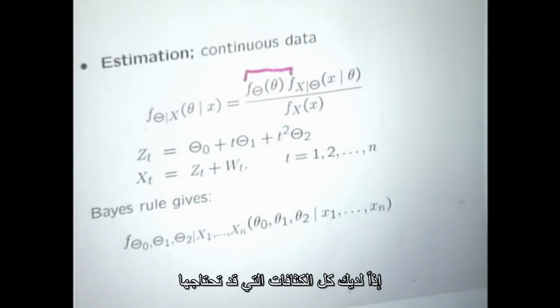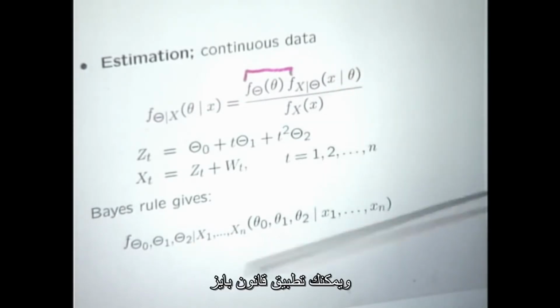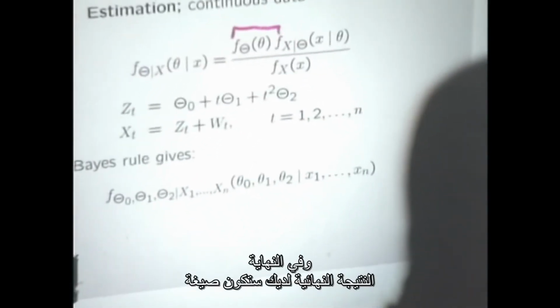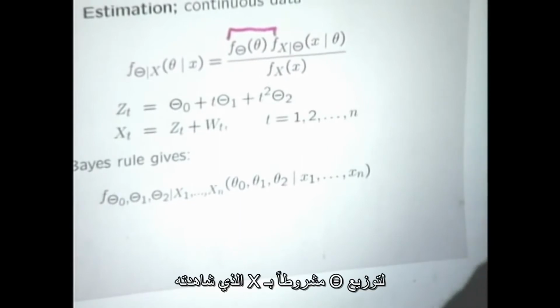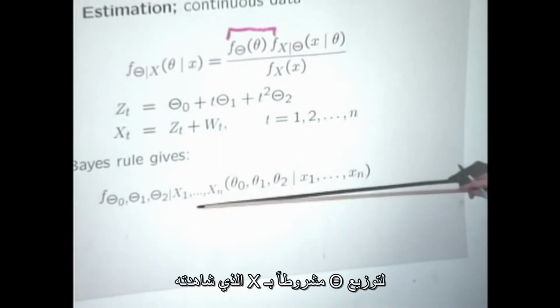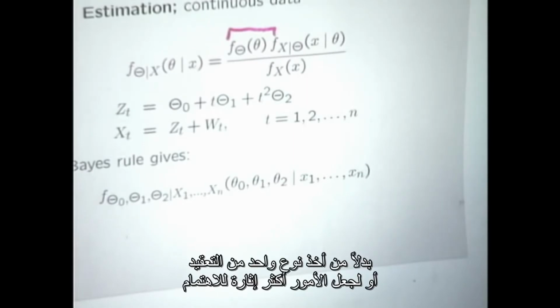So you do have all the densities that you might need, and you can apply the Bayes rule. And at the end, your end result would be a formula for the distribution of theta given the x that you have observed. Except for one complication, or to make things more interesting.